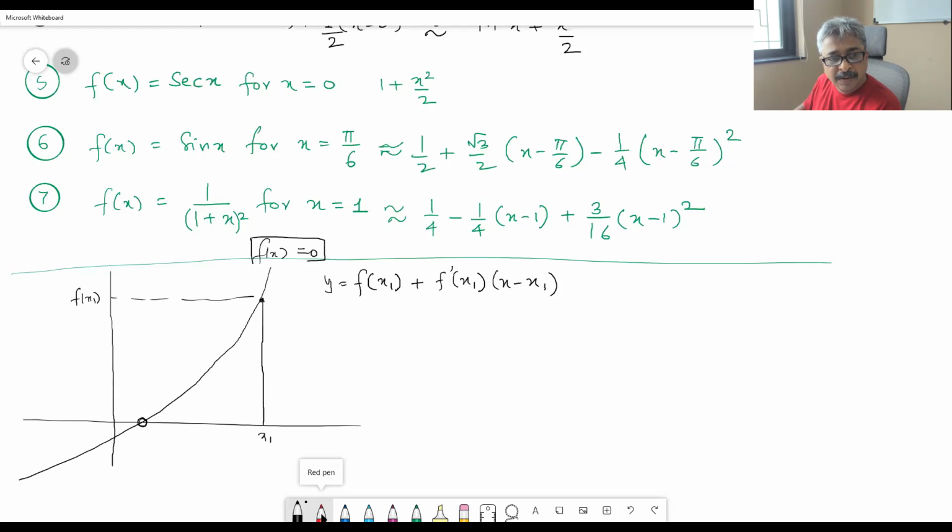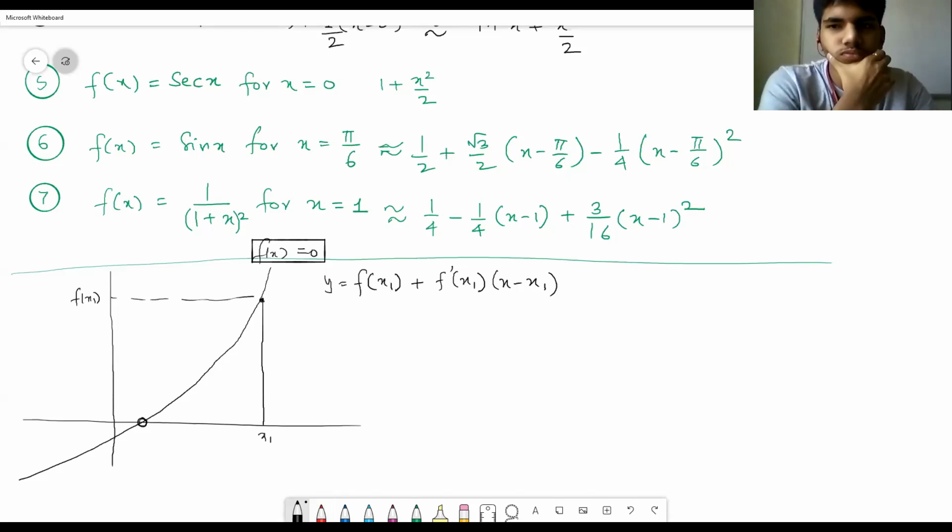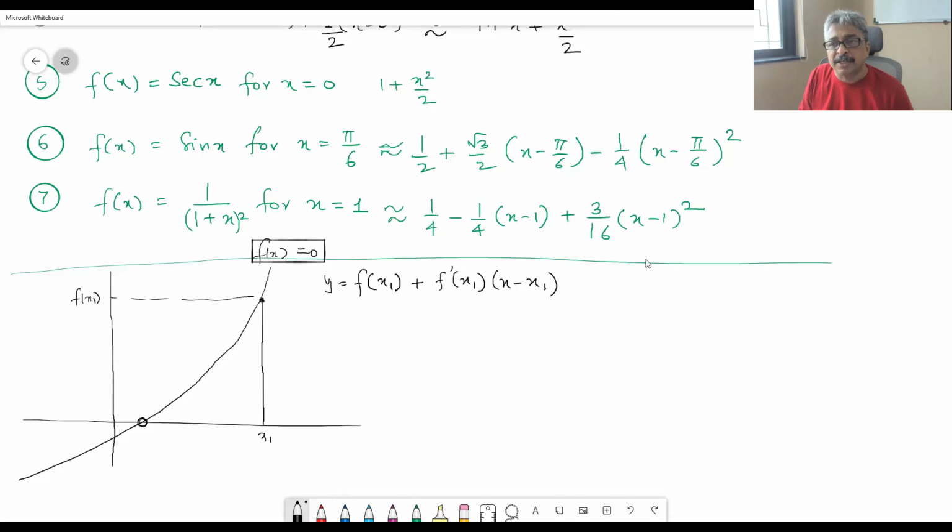That is solving the equation. That means if you happen to sketch the graph, where does the graph intersect the x-axis? What are the roots of that function? That is what we are interested in.